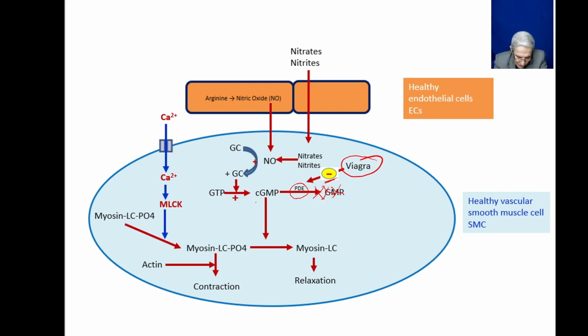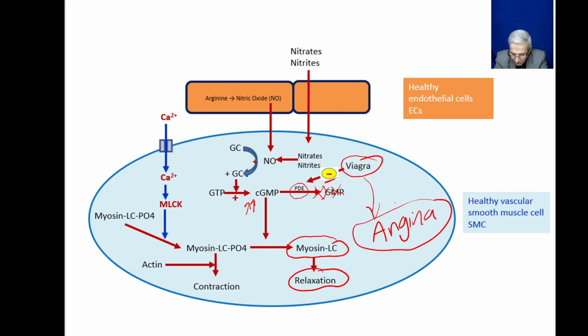For this reason, cyclic GMP will be increased, and this will lead to dephosphorylation of myosin light chain and relaxation. In the beginning, Viagra was introduced to the market as an anti-anginal drug, but later on they found that Viagra is more effective in treating patients suffering from impotence or sexual dysfunction.